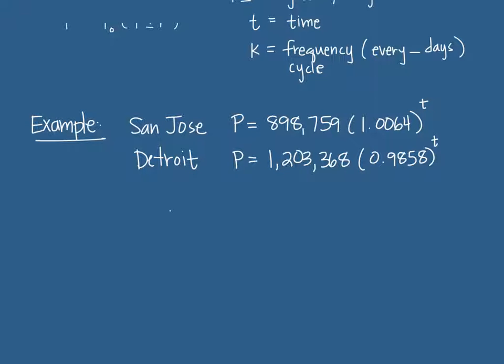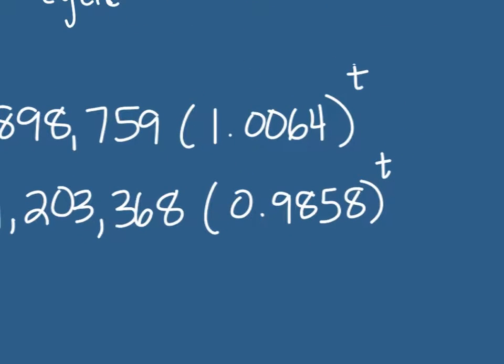Okay, San Jose is growing, Detroit is losing. How can you tell that? Okay, all right, very good. Something you can tell just by looking at these numbers. That is a 1 plus, and 1.0064 is more than 1.